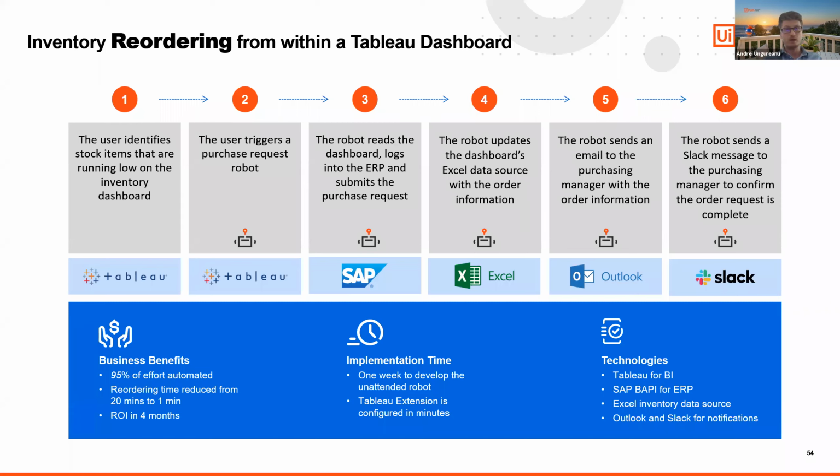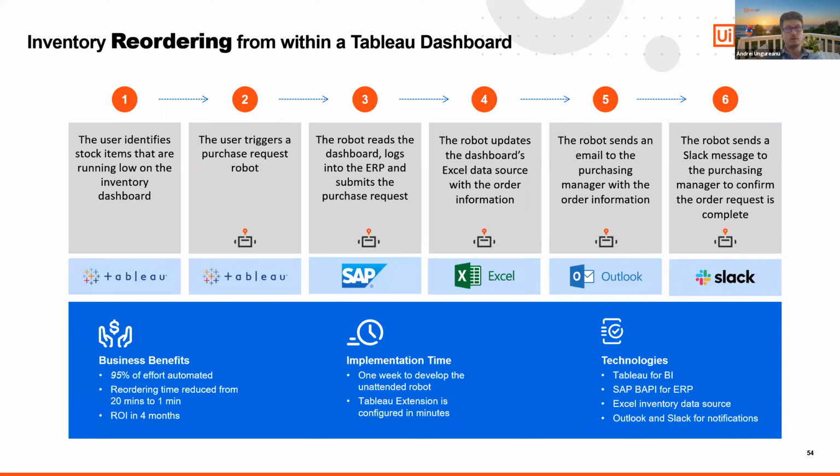How many items do I have? What is my stock? What is the forecasted dollar value amount that I could get out of those inventory items? And what actions do I need to take based on this? Most of the time people would then go into SAP and log a new order. This is where the Tableau and UiPath integration is beneficial, because we can automate all these steps.